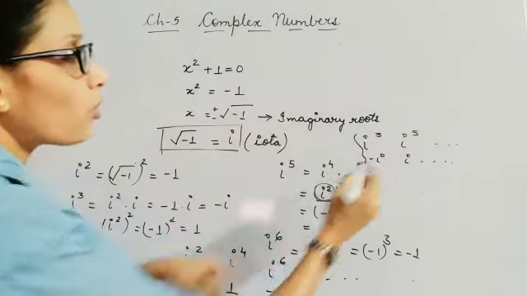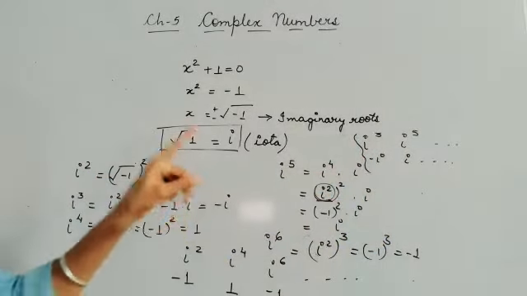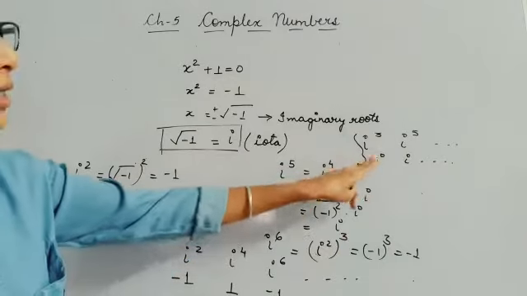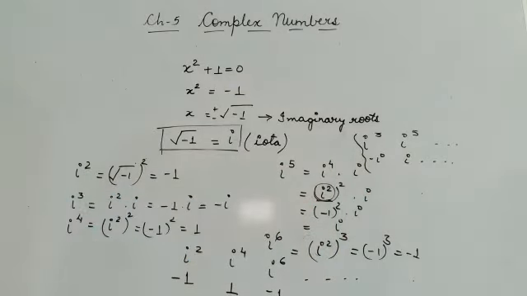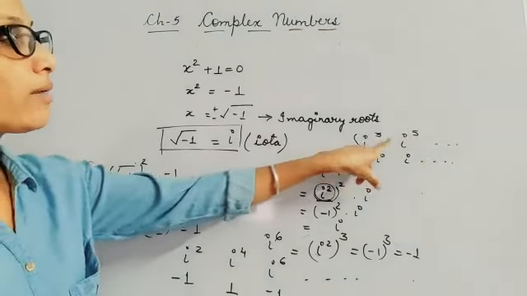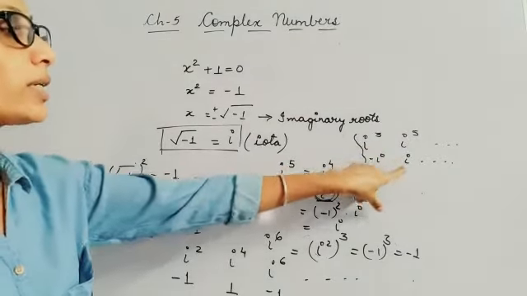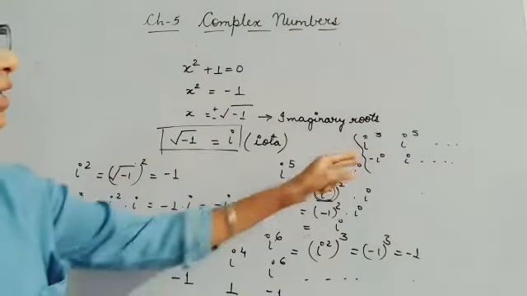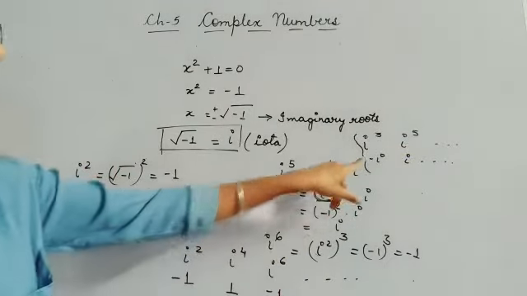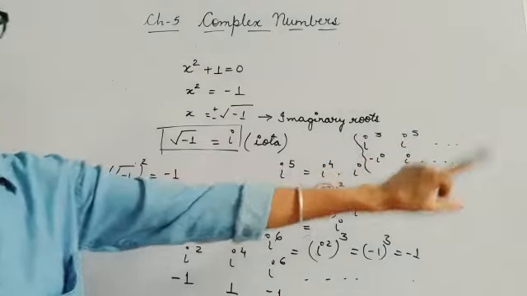That means odd powers will always be in the form of iota, but with alternate signs. So the main conclusion is that if the powers are even, you will always get the answer as 1, in alternate signs, negative, positive, negative, positive. And when iota has an odd power, you will always get your answer in iota form, and that too in alternate signs.